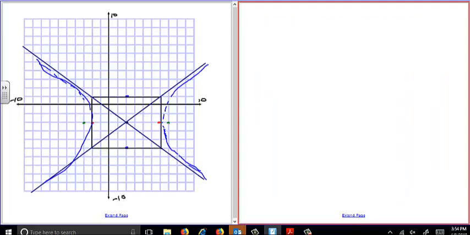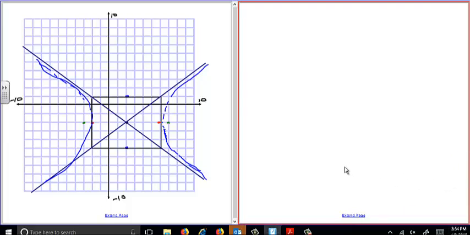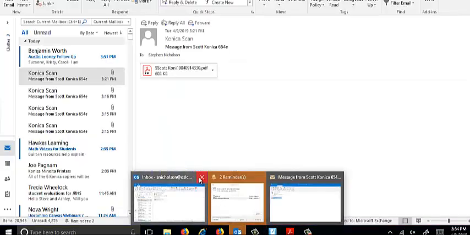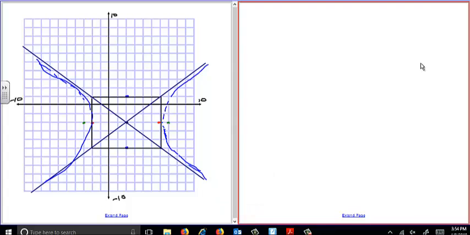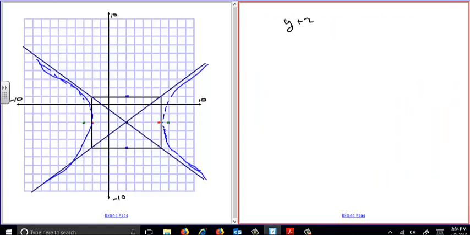Now let's do the opposite again. So what if we had y squared over 9 minus, it's not y squared, it's y plus 2 squared over 9 minus x minus 2 squared over 16 equals 1.